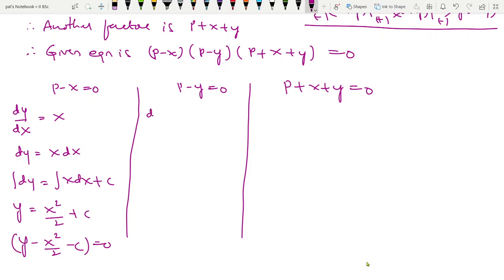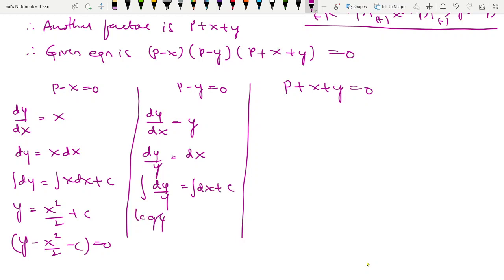Similarly, solving this, dy by dx is equal to y, or dy by y is equal to dx. Multiplying and integrating, dy by y is equal to integration of dx plus c. Its integration is log y is equal to x plus c.